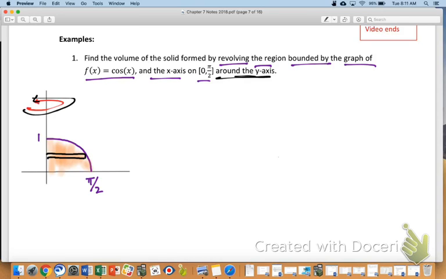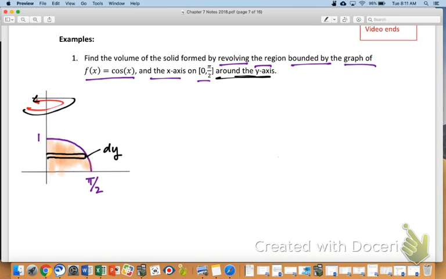Okay, so what does that set in motion? Here's one thing, and this is really important. What is the thickness of that representative rectangle? The change in y. Change in y in calculus is represented by dy. Okay, so we know we're going to be adding up a bunch of real skinny geometric shapes here.